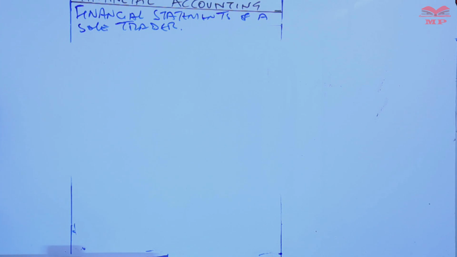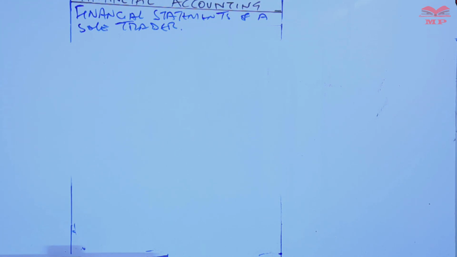Now, in preparing financial statements, we must begin with the name of the entity. The statement of trading profit and loss account is being prepared for the business whose sole proprietor is Rehema Enterprises.